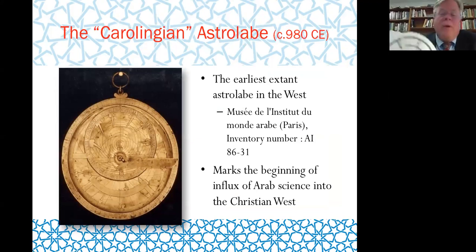Astrolabes also were important for the transmission of scientific and mathematical knowledge from Islam to the West. This little device carries a ton of mathematical knowledge in it. A lot of complicated calculations are reduced to simply moving dials and parts and lining things up and determining results.